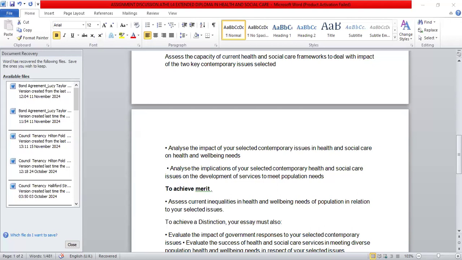Which one, the analyze one? Yeah, the second one: analyze the impact of your selected contemporary issues in health and social care. So I'm talking about the 2.2. What's your take on it?